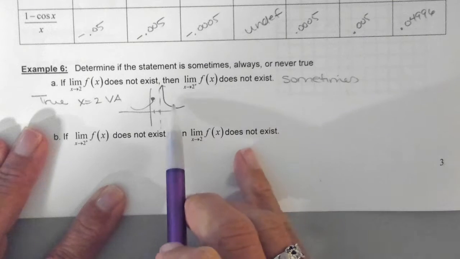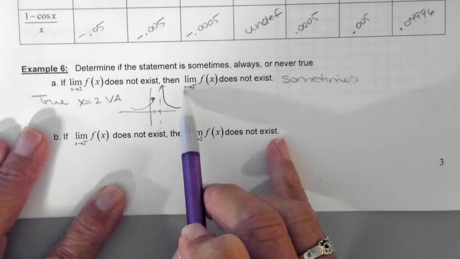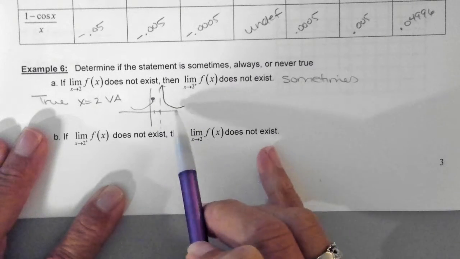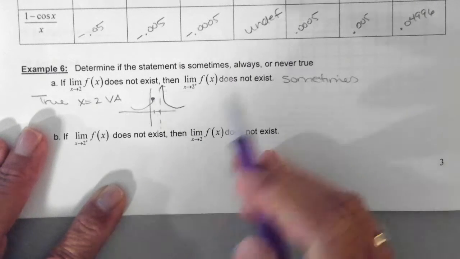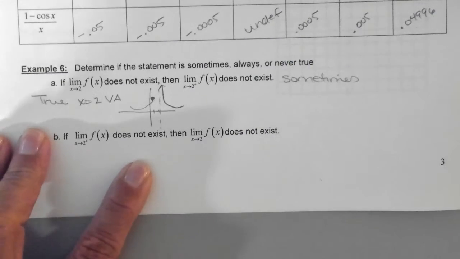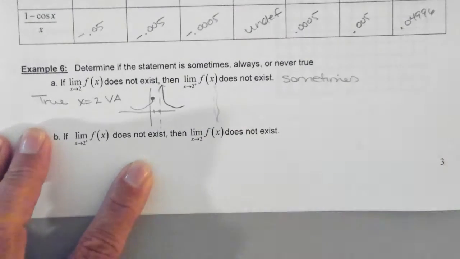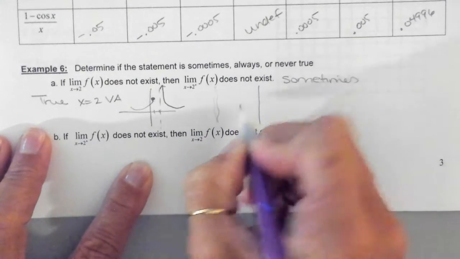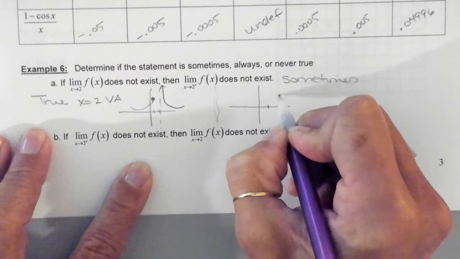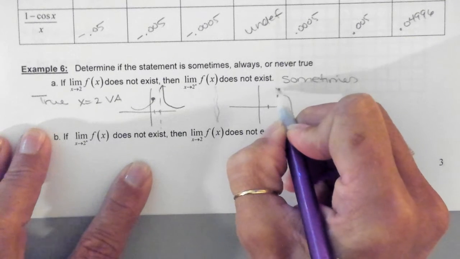Okay, but really what I'm concerned with is the statement that they made here. The limit as x approaches 2 from the right, coming from the right, does not exist. Okay, boom, right here. So that means the limit overall is not going to exist. However, what would make this false is this scenario. If I have a graph like this, okay, and here I have 1, 2, I'm approaching from the right, I don't know, like this, and I'm approaching from the left.